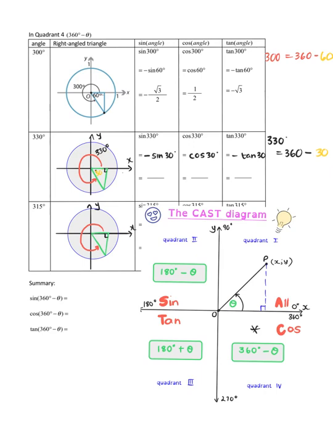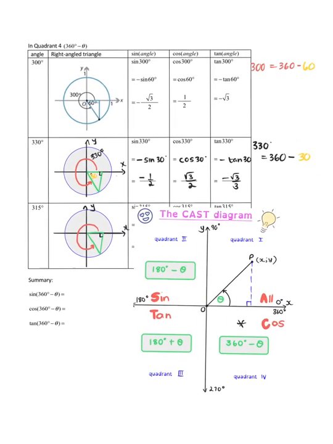All right, and now we just simply fill in the value of that. So negative sine 30 is a negative half. Cos of 30 is positive root 3 over 2. And negative tan 30 is negative root 3 over 3. Hey, this is not so bad. This is pretty easy, actually.